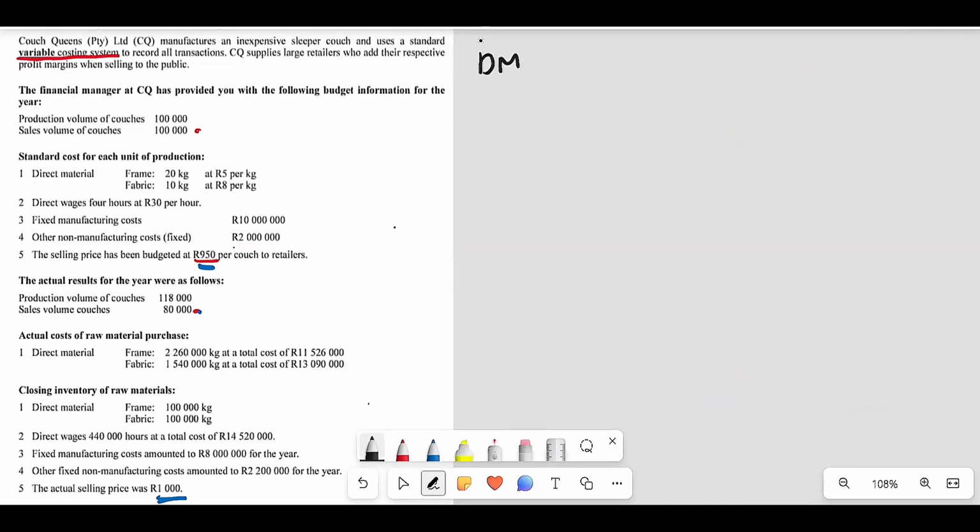So direct material variance, let's start with the price. Obviously we have two materials, which is the frame and the fabric.